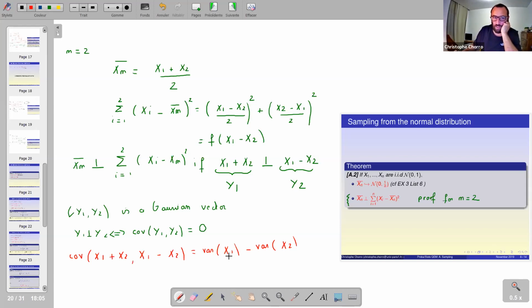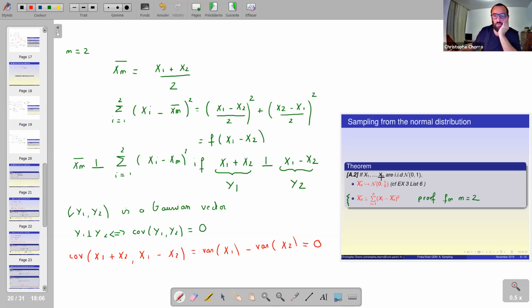And of course, x1 being N(0,1) and x2 being N(0,1), each variance is equal to 1. And so I obtain 0. So you see that even in the case where n equal to 2, this result is a consequence of the fact that I have independent Gaussian random variables that are simply a Gaussian vector.